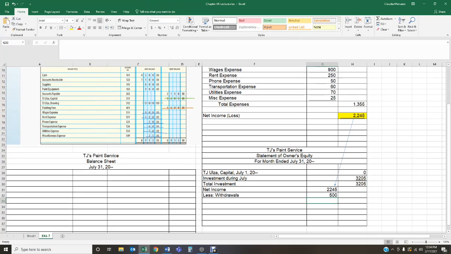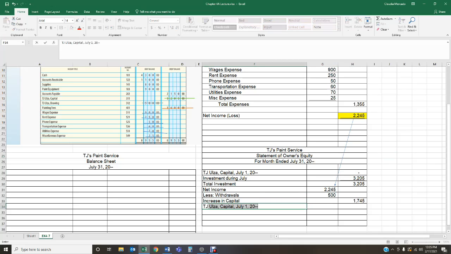So now I can calculate my increase in capital. I had net income of $2,245. I'm going to subtract the withdrawal that the owner did for personal use of $500. That's going to give me an increase in capital of $1,745.